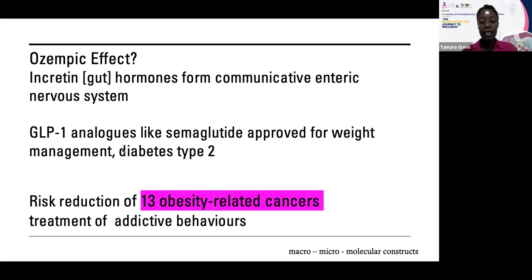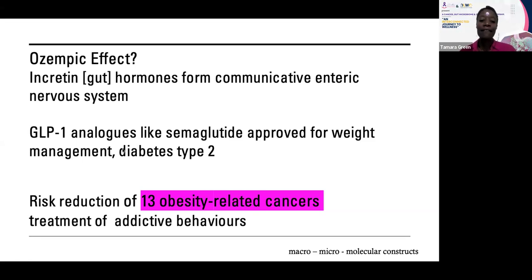And GLP-1 is short for glucagon-like peptide. Now, this group of drugs mimic what is inherent to us in what's happening in our guts. So it belongs to a group of gut hormones that communicate with our nervous systems.